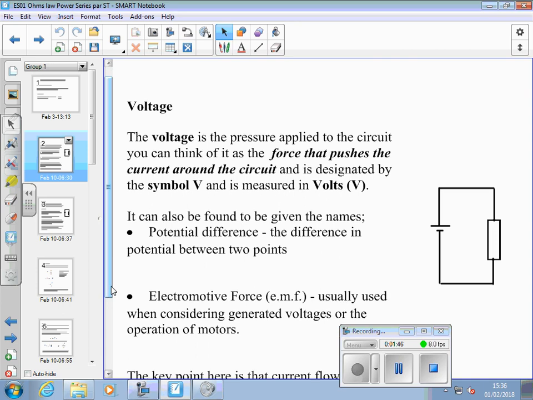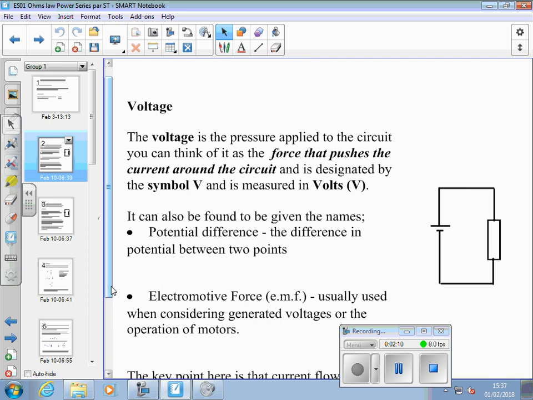Voltage. Voltage is the pressure applied to the circuit. You can think of it as a force that pushes the electrons around the circuit, like pressure in a fluid circuit. Voltage is equivalent to the pressure.